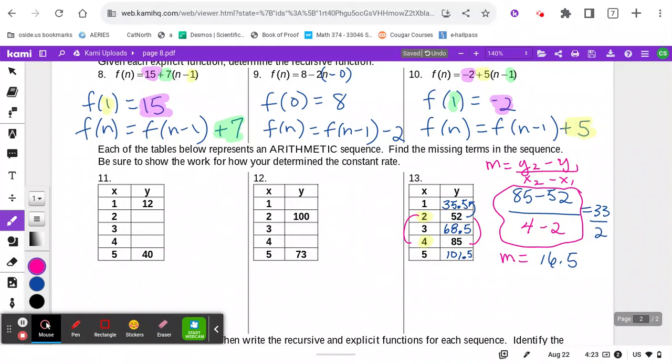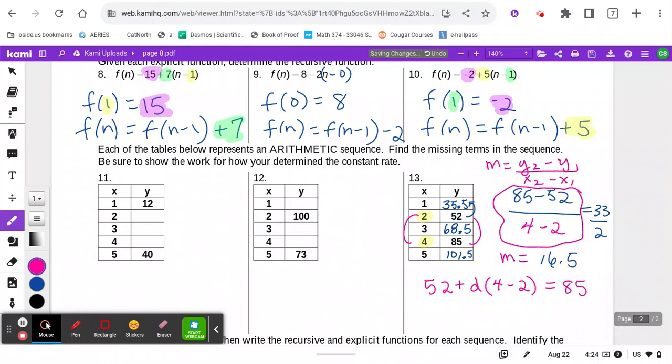The other way that a teacher might have taught you in their class was that we started at 52. We were adding some unknown number, common difference D, repeatedly, and then these two numbers here come into play, the 4 and the 2. And when I do that, I should end up at 85.